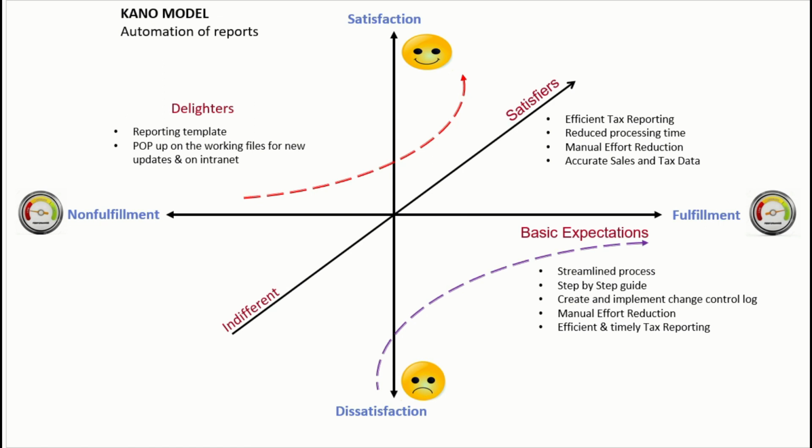Manual effort reduction and efficient and timely tax reporting were also basic expectations. Satisfiers: the more efficient the tax reporting or tax filing is, the happier the customer is. They wanted to reduce the processing time, reduce manual effort as much as possible, and have accurate sales and tax data, which gives them more satisfaction.